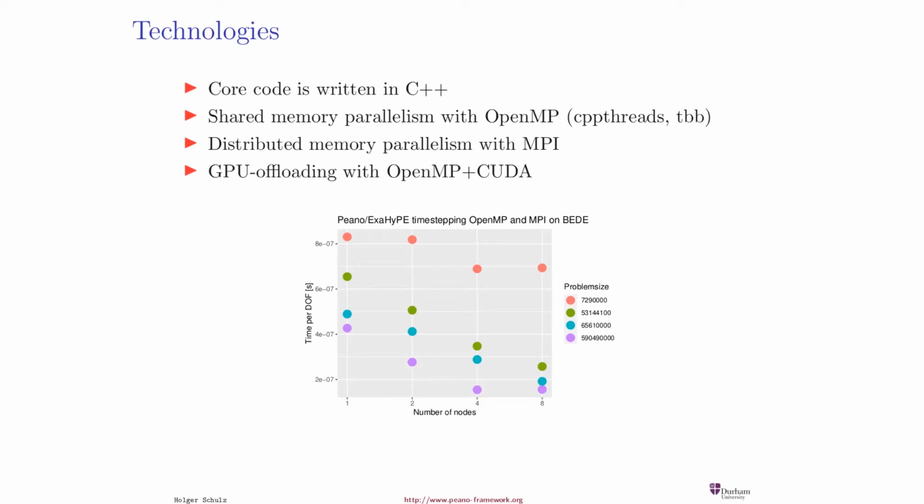And what we find is that, okay, we're able to use the whole machine, and using more compute resources allows us to reduce the time to solution quite some bit, but not exactly following ideal scaling. And there's also some dependencies on the problem size. So there's more work to be done. But we're on a good way with pure CPU scaling on Bede already.